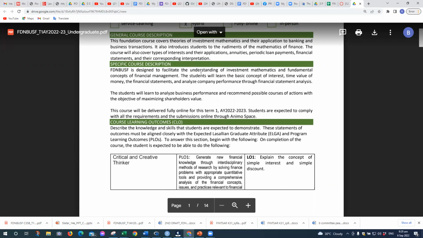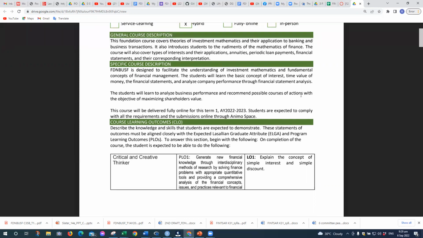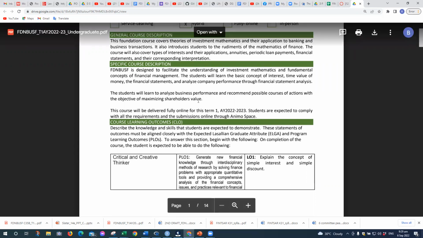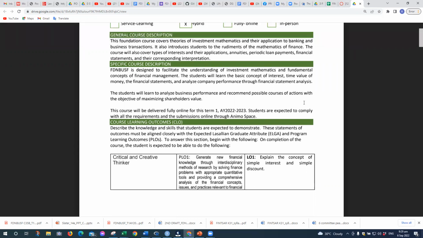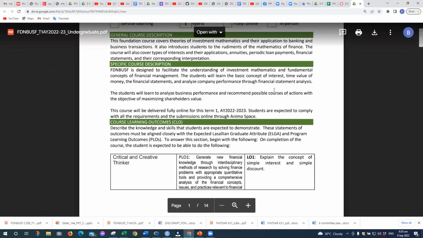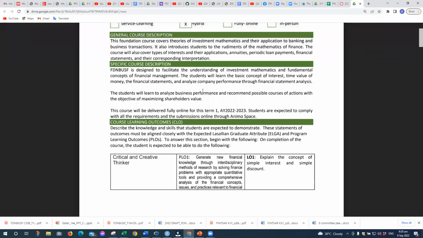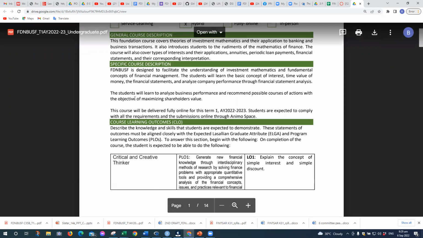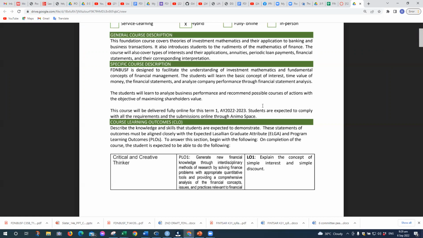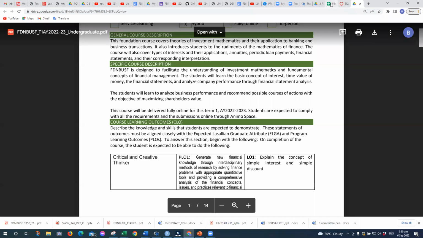It's designed to facilitate understanding of investment mathematics and couple that with the fundamental concepts of financial management. As I said, we're going to look at the concept of interest, the time value of money, time value concepts. And since this is fully online, we're going to make use of Excel as the main tool in this subject.